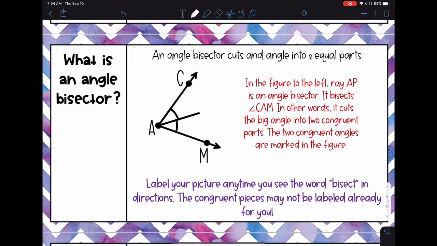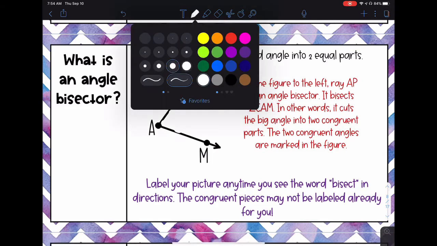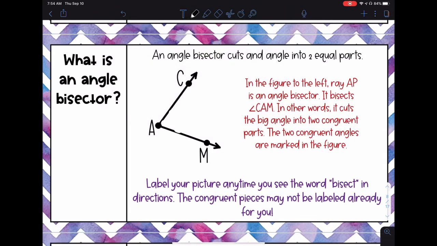So if I was to take away this guy right here, kind of like that. Okay, if I was to take that guy away, and then I was to put this angle back in here. If I gave you this angle and I said this is angle CAM, and I want to show you what would happen if this guy was 50 degrees total.